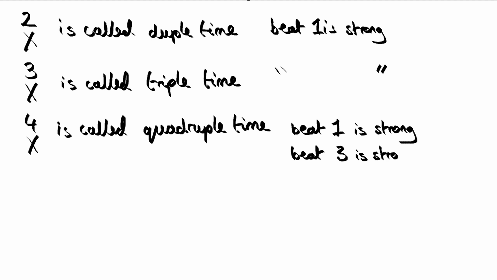Not as strong as beat 1, but it is also strong. 1, 2, 3, 4. This gives us the characteristic meter of a piece. The feel, as we might say. Now, there are all sorts of rhythms we can create or perform in each of these times, that will make it obvious what time signature our piece is in. As I said before, at grade 1, the denominators are always 4.